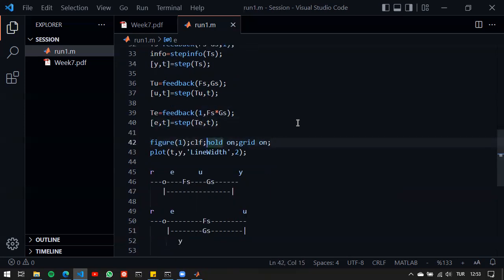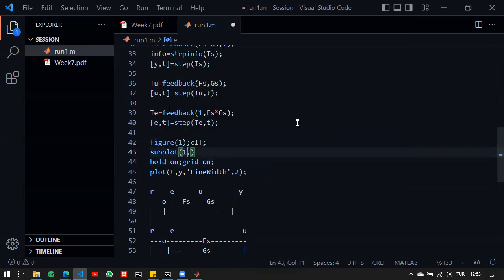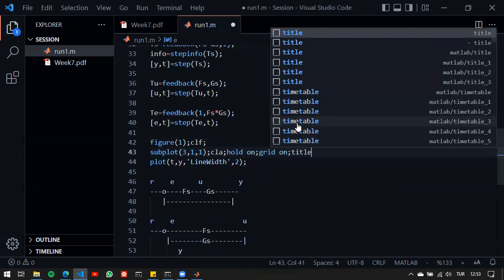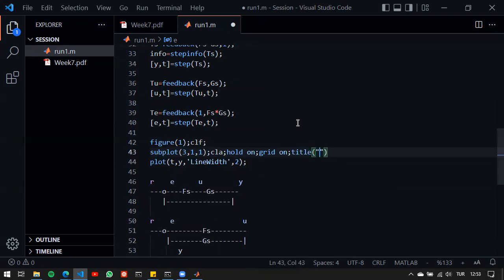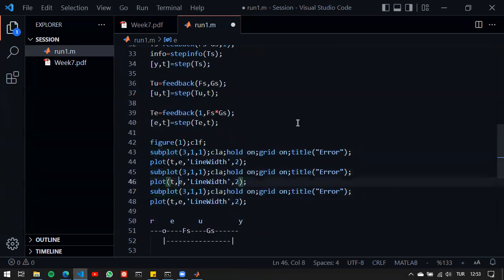Now let me change this to a subplot. Let's have 3 rows, 1 column, the first one. And let's start with the error here. Now, Te, let's repeat this. Control signal, and then the output itself. 3 and 2.